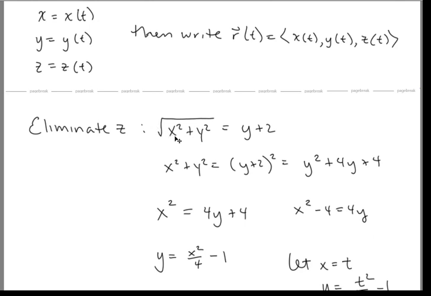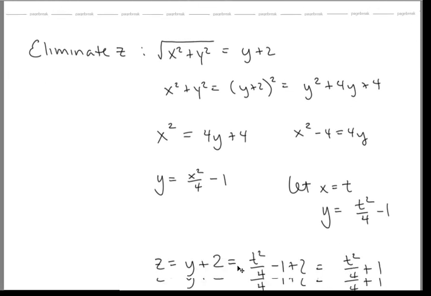And so we're going to set radical x squared plus y squared equal to y plus 2. Square both sides, simplify, our y squareds cancel, and we get x squared is equal to 4y plus 4, or y is equal to x squared over 4 minus 1.